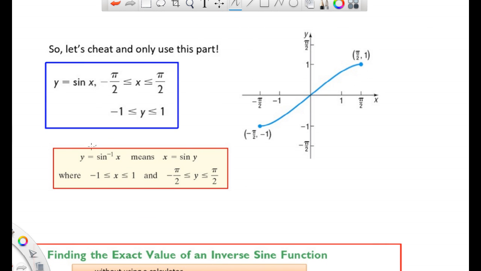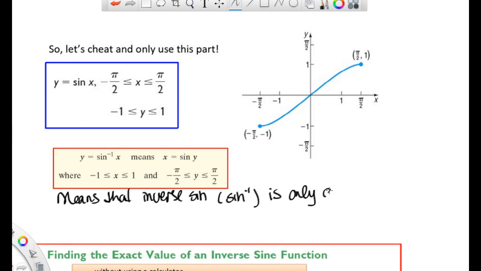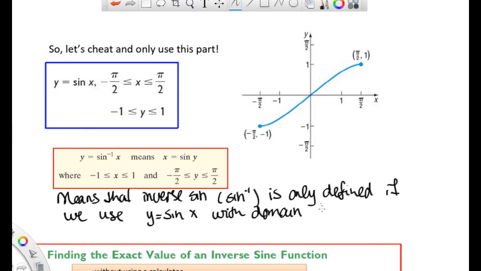If we have an inverse sine, this is what it means: the inverse sine, which is usually written this way, is only defined if we use y equals sine of x with a domain of negative pi over 2 to pi over 2.